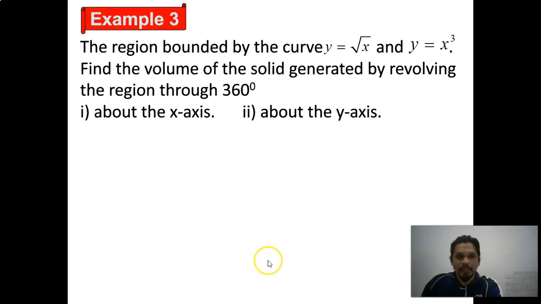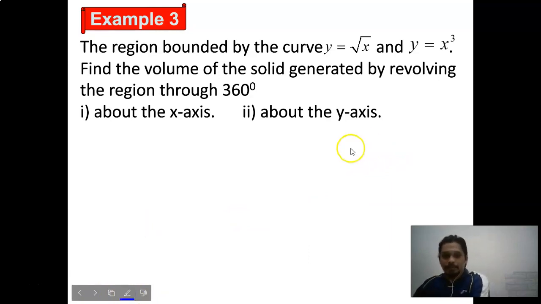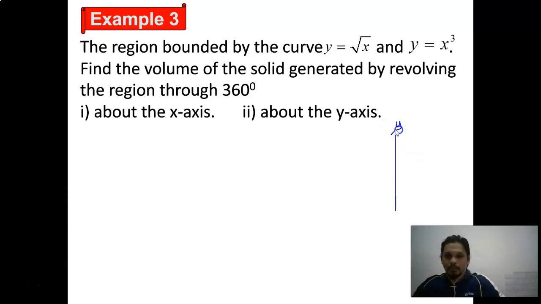The region bounded by the curves y equals square root of x and y equals x cubed. Find the volume generated by revolving about the x-axis and the y-axis.